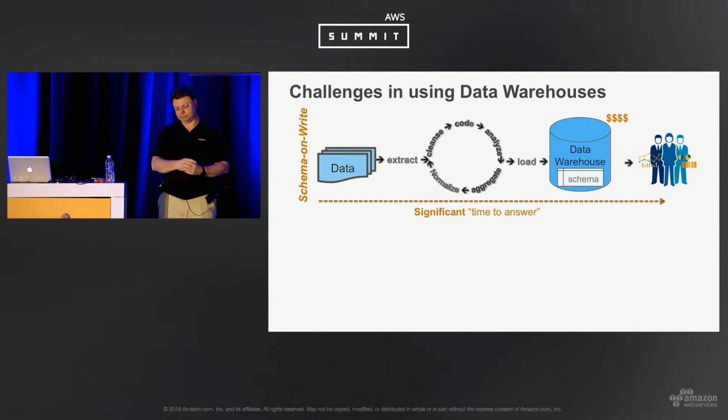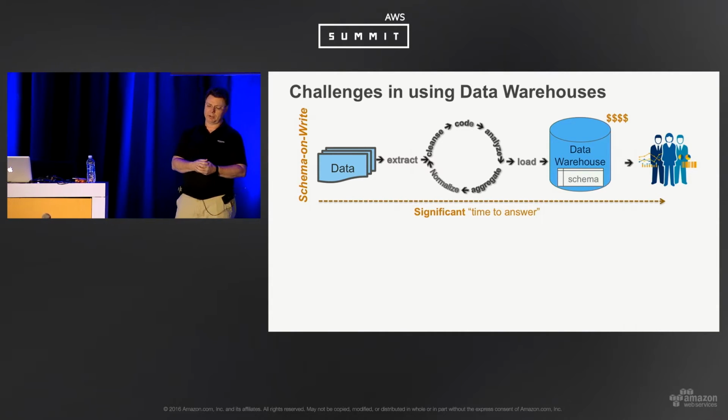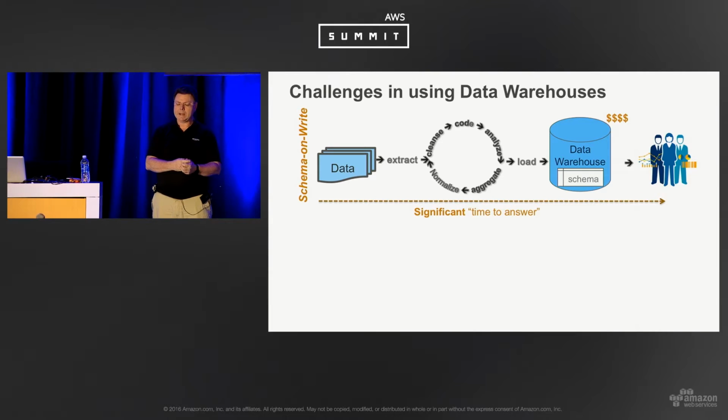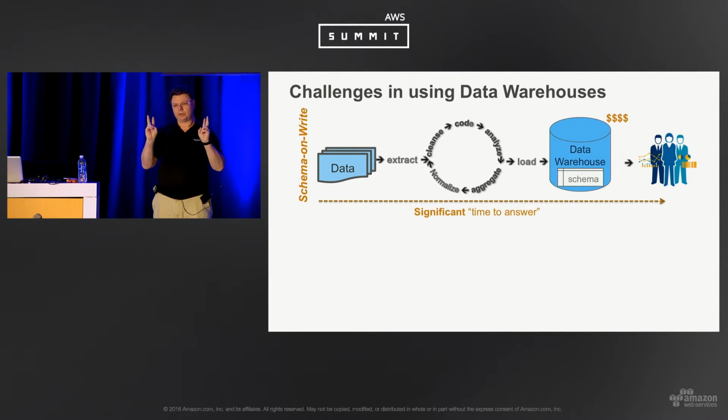Also, it tends to be more expensive because it's proprietary solutions, the data warehouse. Also, because you're using this universal schema to store and manage all the data, that puts certain constraints on the types of queries that you can execute against the data.